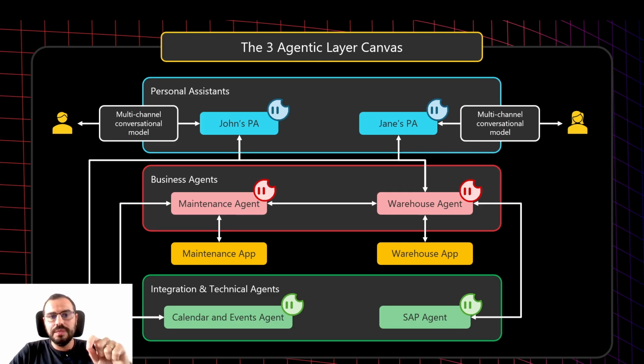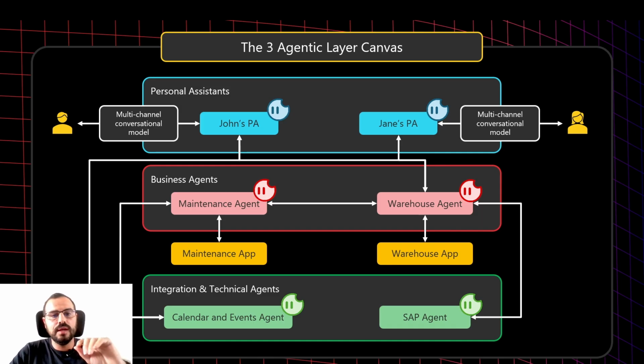But between the business agents and the respective apps, we are not talking anymore about agents talking with other agents. We are talking about agents talking with systems. So in this case, we are closer to what is nowadays the MCP, the Model Context Protocol, because the Model Context Protocol defines the way an agent talks to a system, exchanging tools, prompts, or resources.